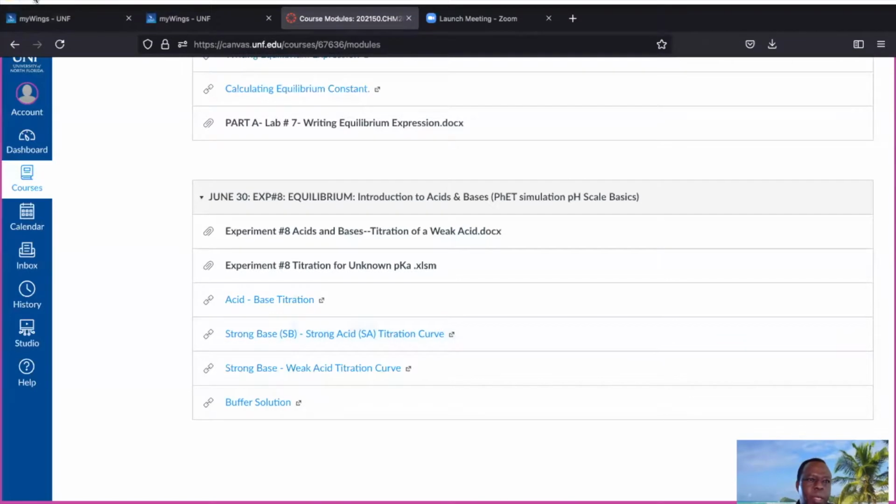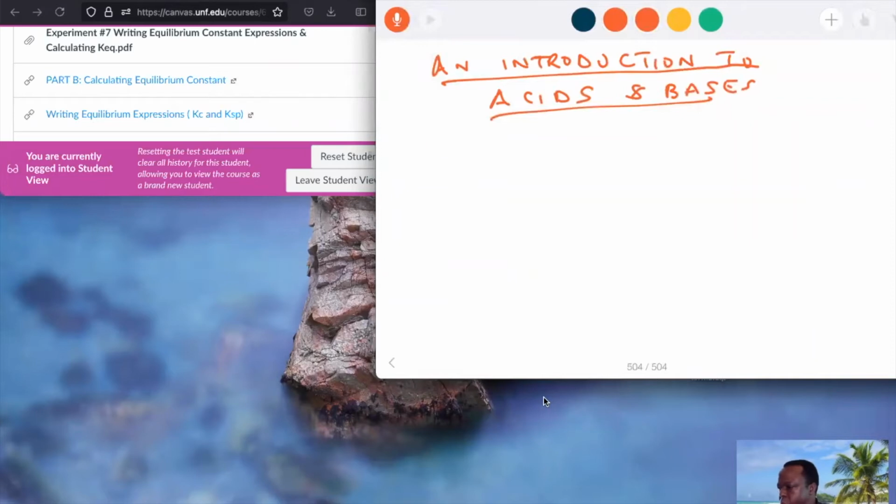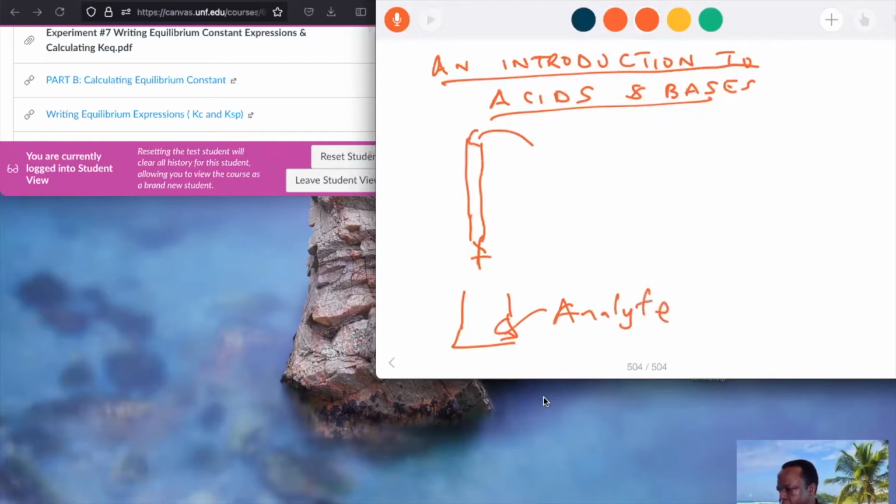Let me see if I can share my whiteboard. In titration, of course, there is a glassware tool called the burette, and what you have in a receptacle here is the analyte, or what you are analyzing, and what goes in the burette is the standard.